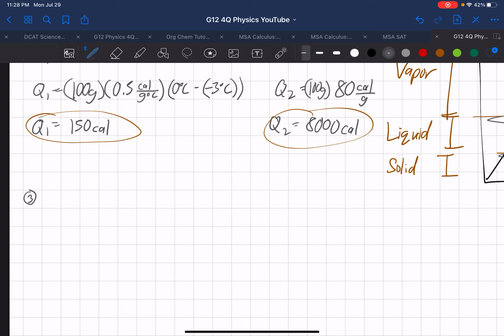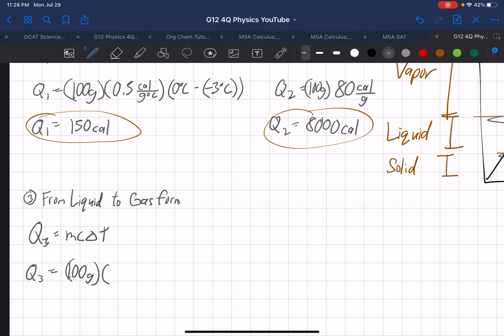Anyways, so this is from liquid to gas form. So Q3 is equal to mcΔT. Q3 is equal to the mass, which is 100 grams. The specific heat of water is 1. What is the change in temperature?